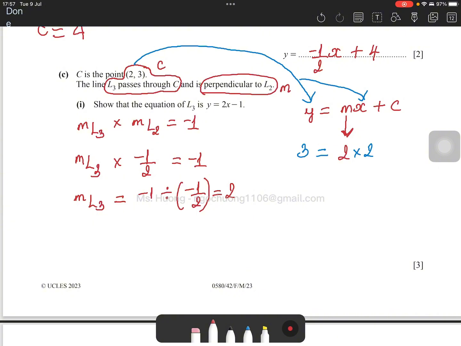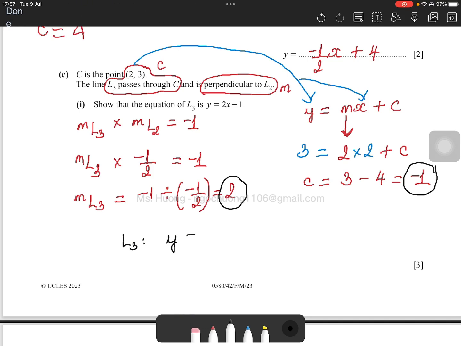So we will find the value of c here. c is equal to 3 minus 2 times 2, which is 4. So 3 minus 4 equals -1. And now we have the gradient and the y-intercept. So we can write down the equation of the line L3, which is y equals mx plus c, 2x minus 1. And that is the final answer for this question.